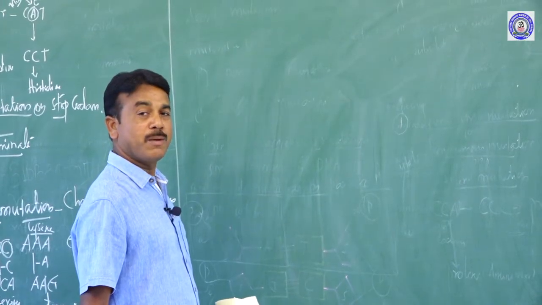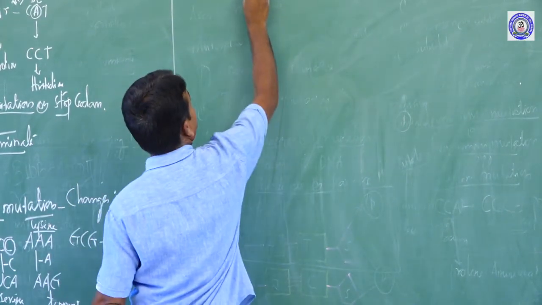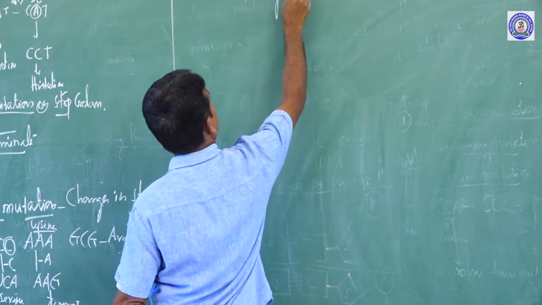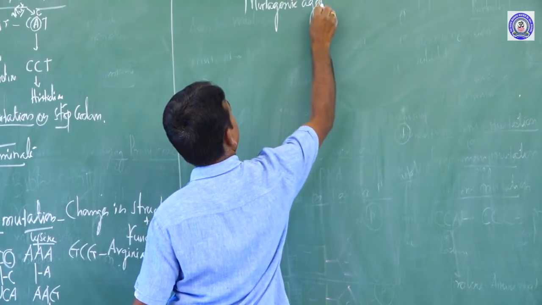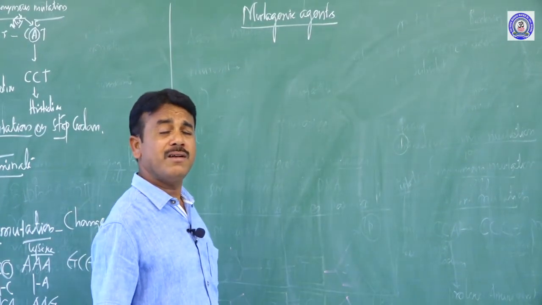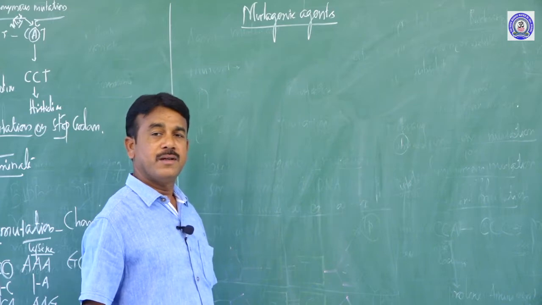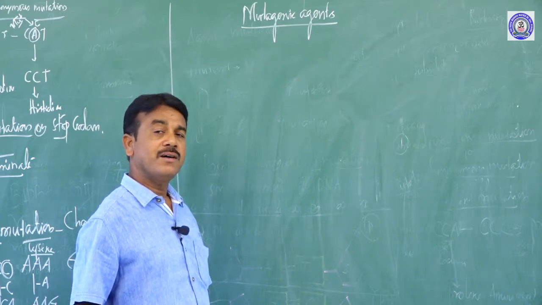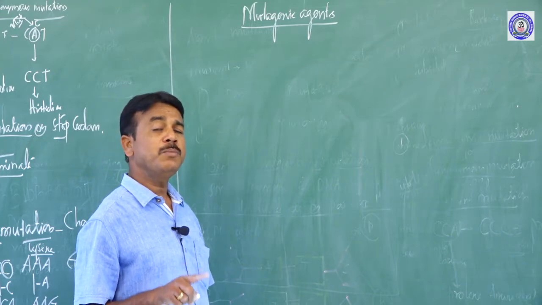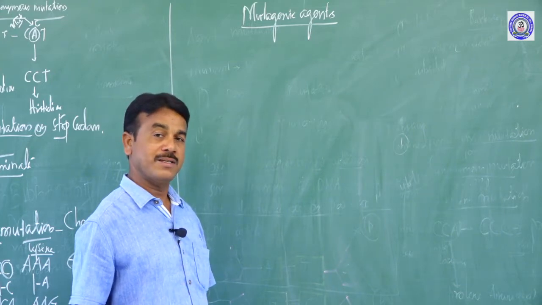Can I go to the next one? The topic is commonly called mutagenic agents. What are mutagenic agents? They are environmental conditions or chemical substances that induce mutation in plants and animals.